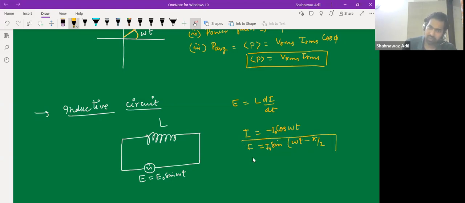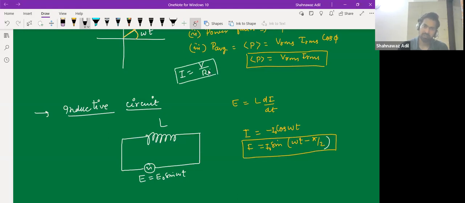So this I naught was how much? Aisha, what was this I naught? Do you remember? You remember that in resistive circuit, I is V naught by R, right?